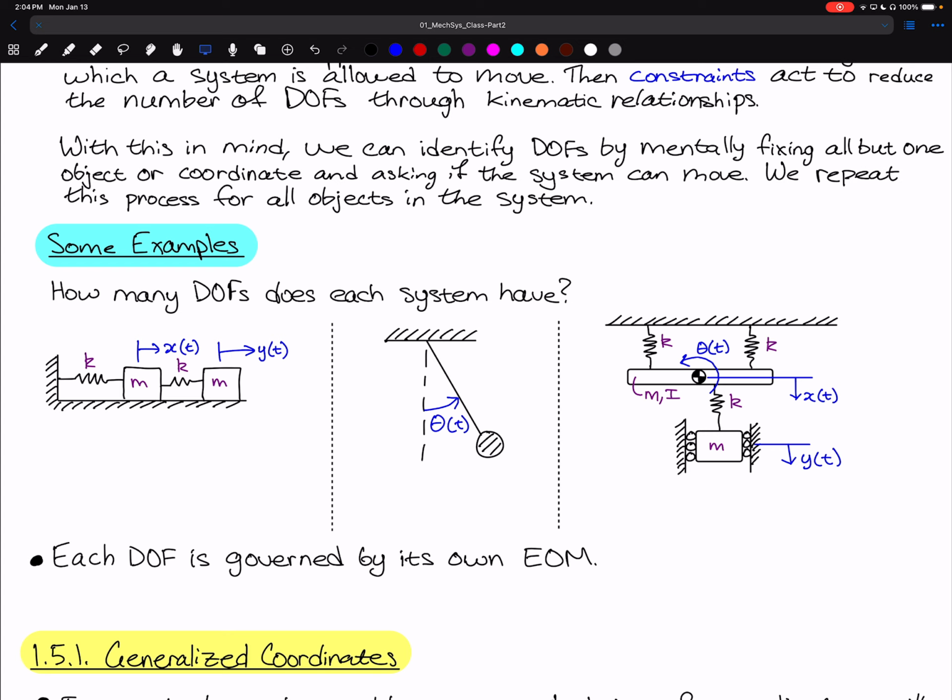After a minute, I want you to discuss with your neighbors how many degrees of freedom you think there are in each of these systems. While you're discussing, I'll walk around and maybe jump in.